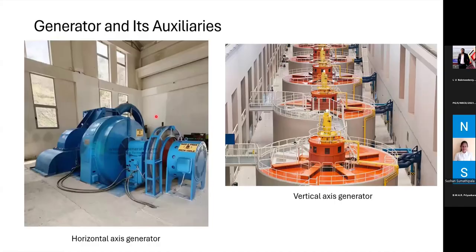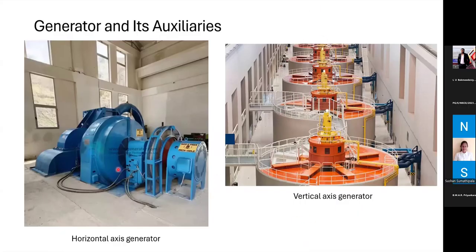So now where the electricity is being generated is the generator. There are two main types of generator arrangements, the horizontal axis and the vertical axis generators. Horizontal axis, we have them in Sri Lanka in Old Laxapana Power Station, and vertical axis generators are the most popular power plant generating units in hydro schemes throughout the world.